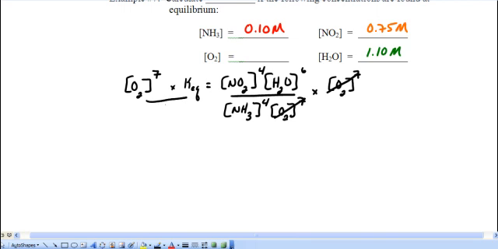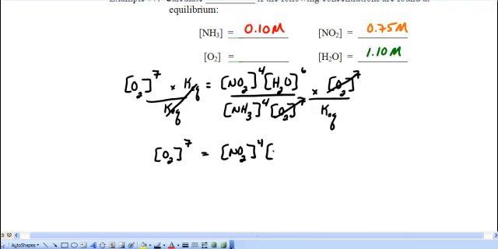I'm going to divide both sides by KEQ. So now my KEQ is out of that part of the expression.